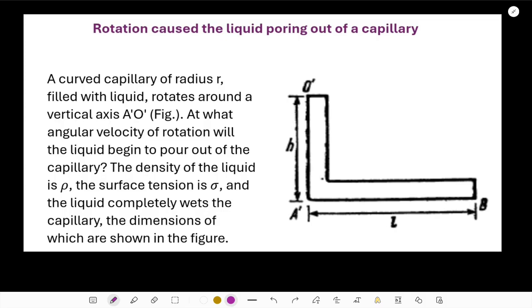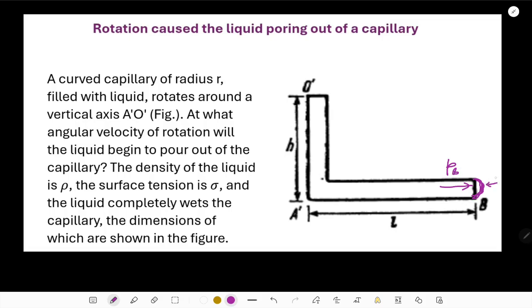I guess here we should consider the pressure. At this position, the inside pressure should be greater than the outside pressure for the liquid to pour out. So the meniscus will take the shape in this form, and this inside pressure, I would like to call it PB.